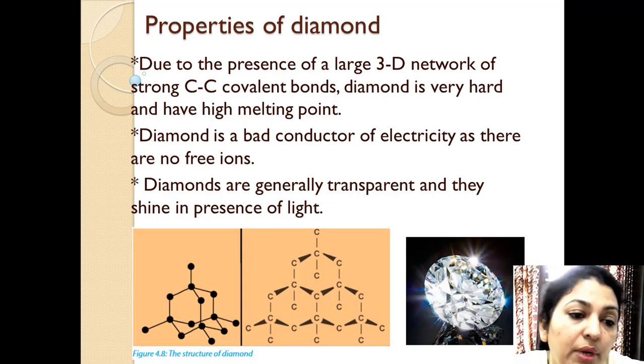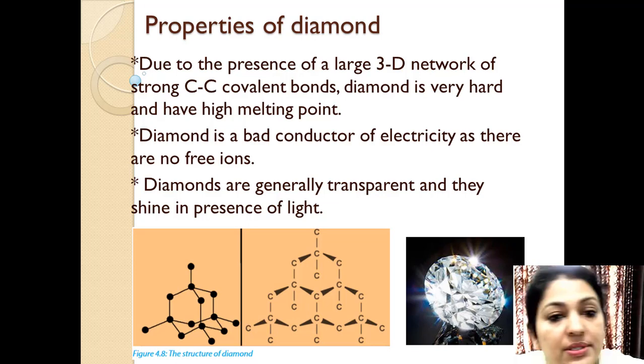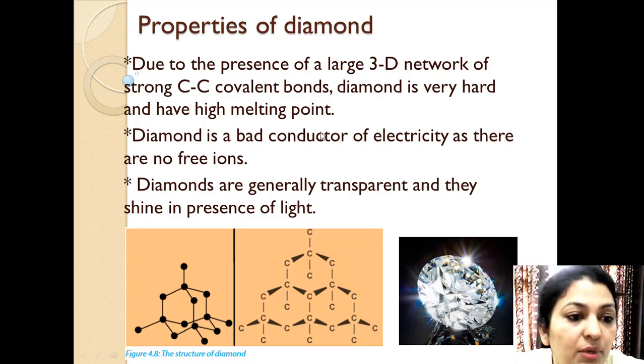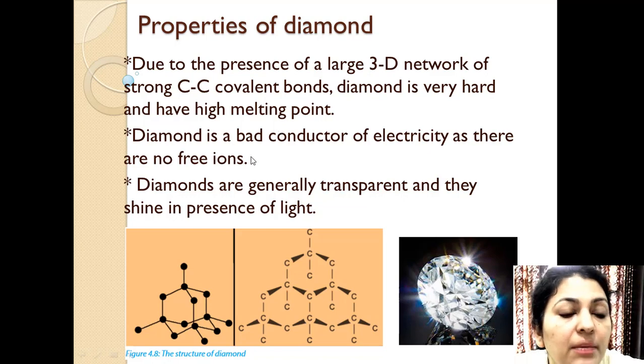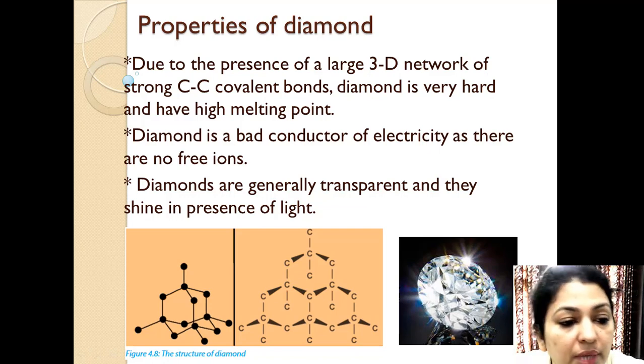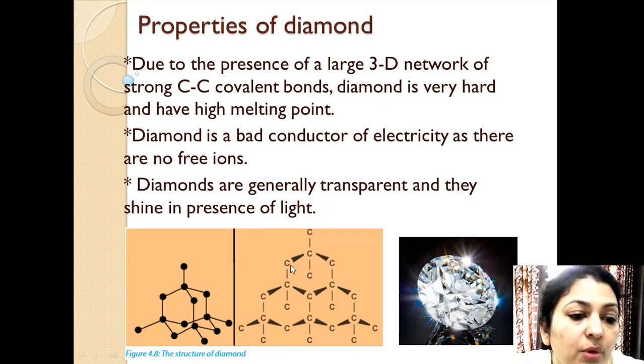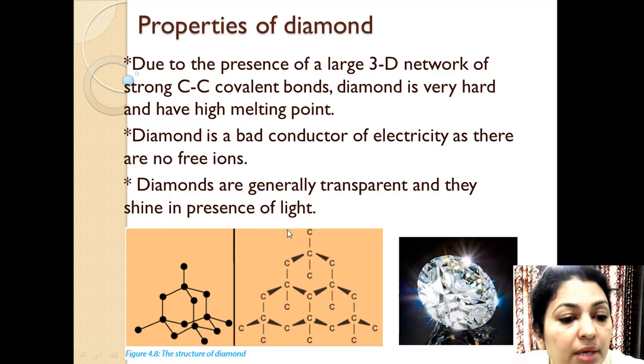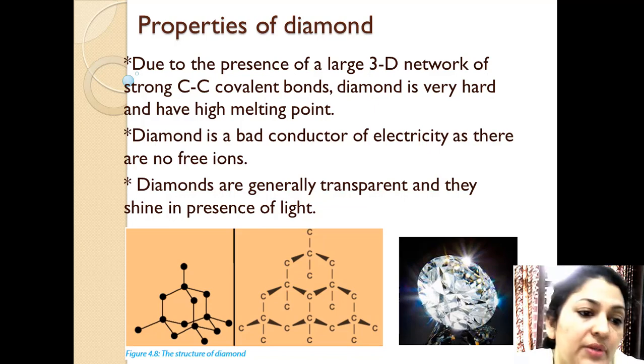Their melting point is around 4000 degrees Celsius. And what about the conductivity of diamond? Diamond is a bad conductor of electricity as there are no free electrons. Each carbon atom is bonded with 4 other carbon atoms, leaving no free electrons, isn't it? Therefore diamond is a bad conductor of electricity.